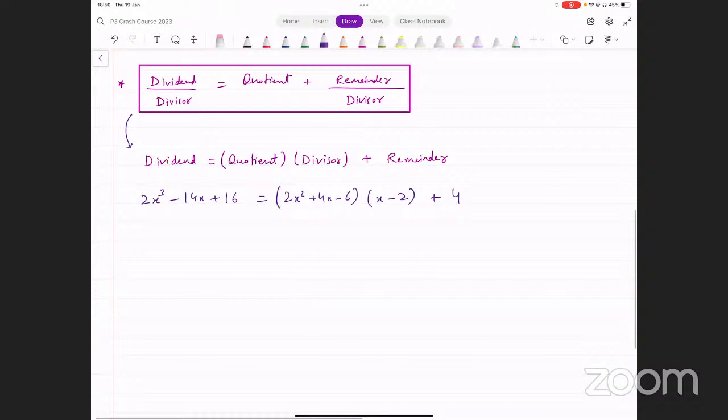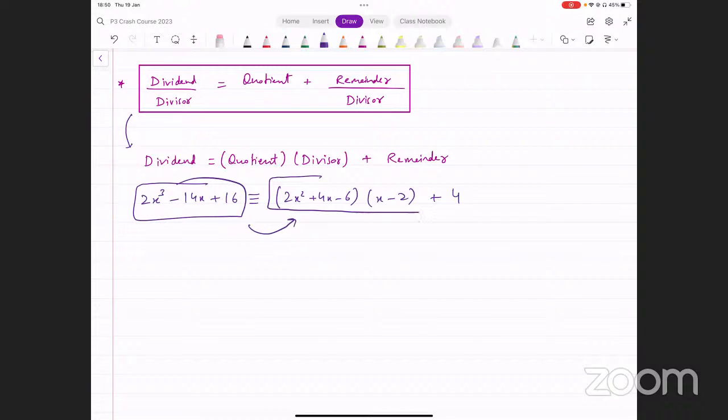So what has happened here is that I've written this dividend in this form as quotient into divisor plus remainder. These are both identical. What I have on the left side and what I have on the right side, they're both identical. Okay, so it's just another way of writing this.